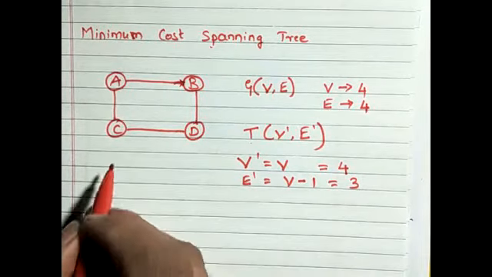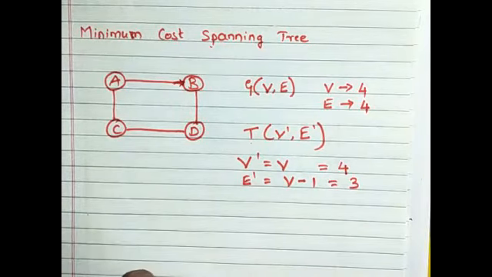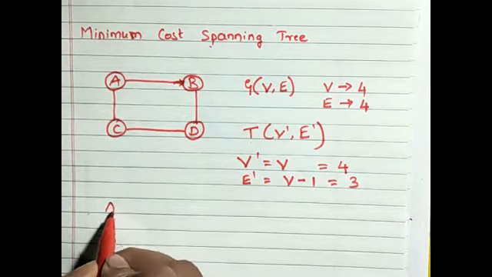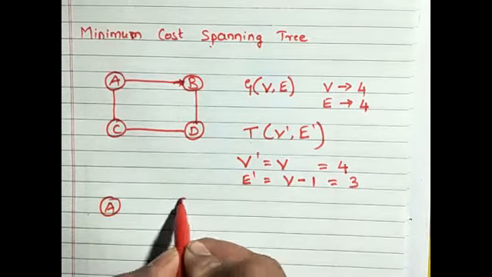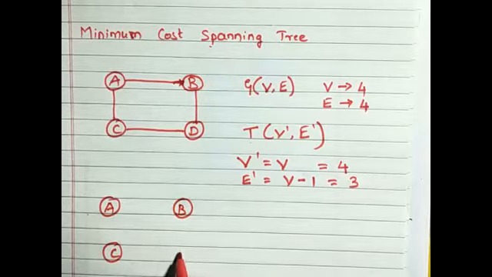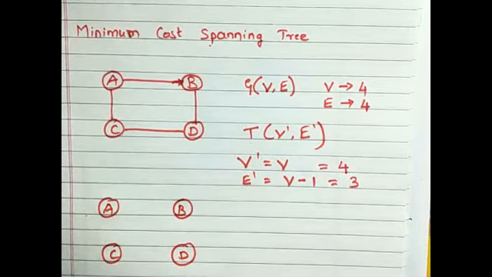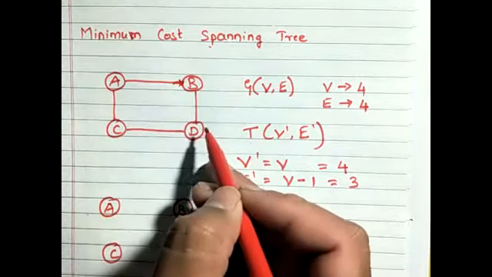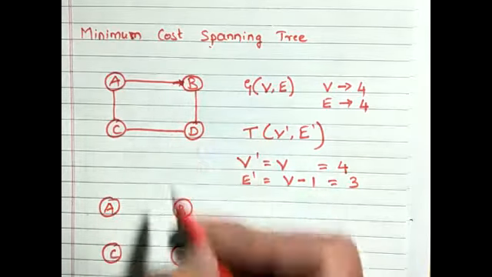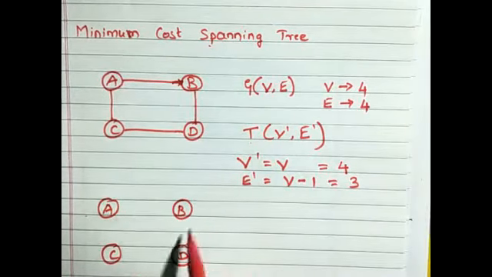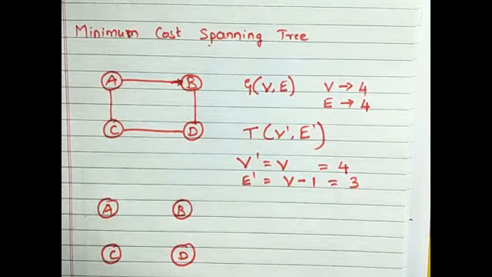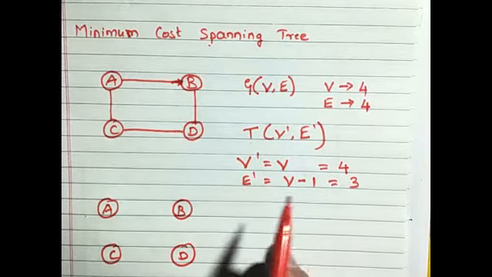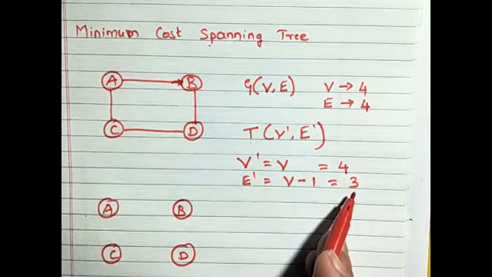Now here I can have different possibilities, with 4 vertices, that is A, B, C, and D. If I want to construct a spanning tree from this graph, that spanning tree will definitely have the same number of vertices as this graph. So I have 4 vertices here, but the number of edges will be equal to 3.